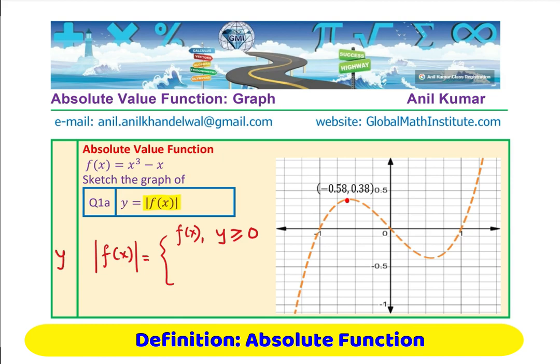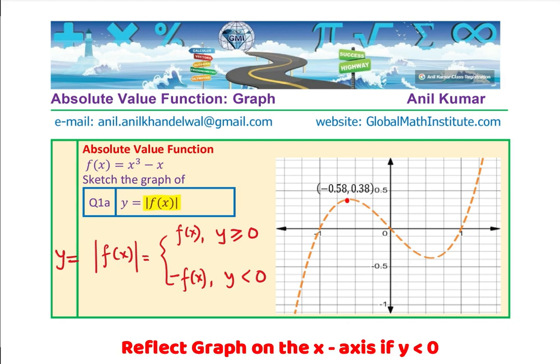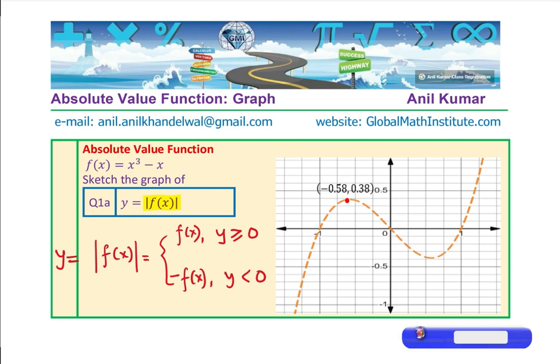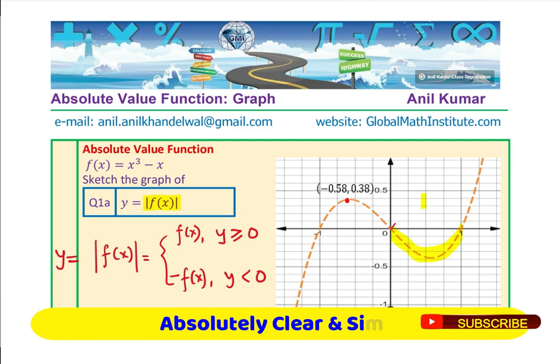So we are writing y equals absolute value of f of x. And it is negative of f of x if the y value is negative, where y is the value of the function, y equals f of x, given to you. So basically what happens is that the negative parts which you see here get reflected. Once that gets reflected, what you really get is from here, that you see.